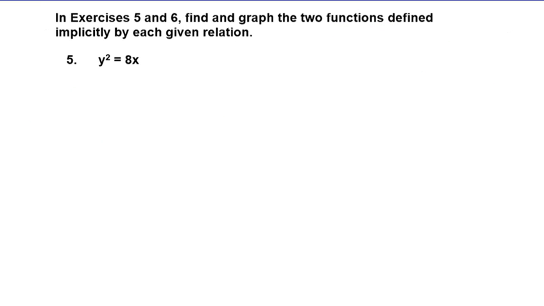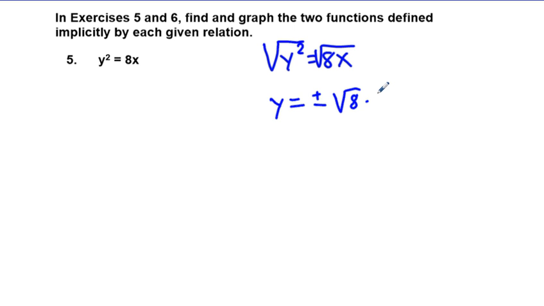Problem number 5. Exercise 5.6, find and graph the two functions defined implicitly by each given relation. So we have y squared equals 8x. To solve for y, we take a square root of both sides of this equation, so we get y equals plus or minus the square root of 8 times the square root of x.